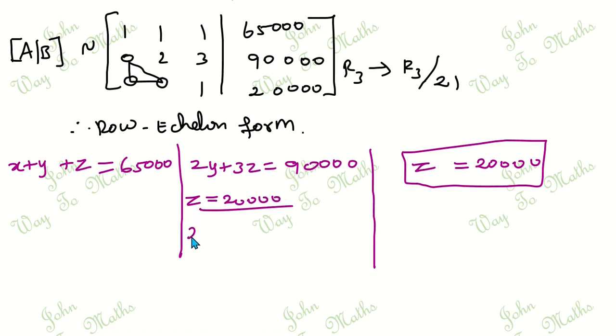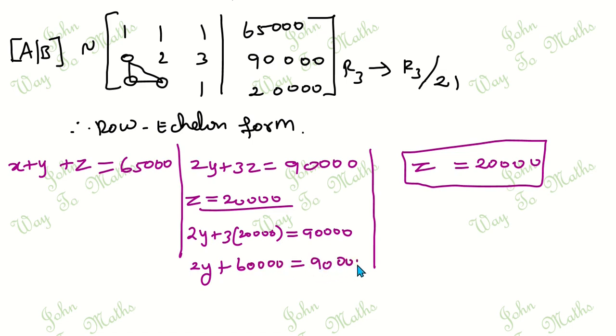We get 2 times y plus 3 times 20,000 is equal to 90,000. So 2 times y plus 3 2s are 6, so 60,000 we get is equal to 90,000. So 2y is equal to 90,000 minus 60,000.